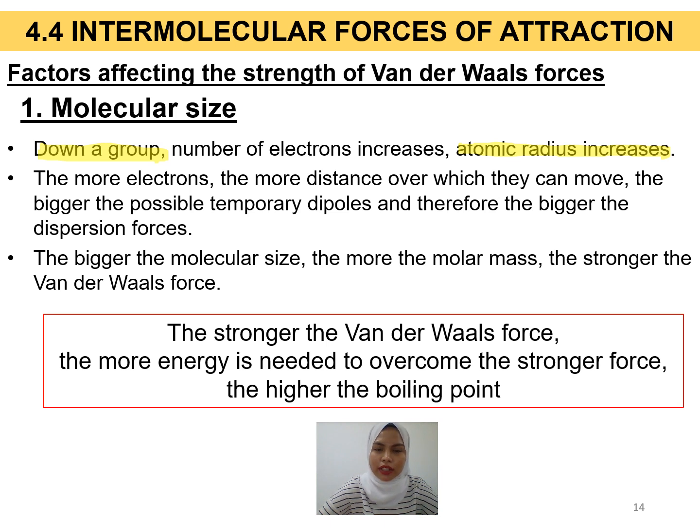Lagi satu faktor yang mempengaruhi molecular size ialah molar mass. Sebab the more the molar mass of the molecule, that means the bigger the molecular size. Therefore, the stronger the van der Waals forces. Okay, and you will know that the stronger the van der Waals forces, the more energy is needed to overcome the stronger forces. Therefore, the higher the boiling point.